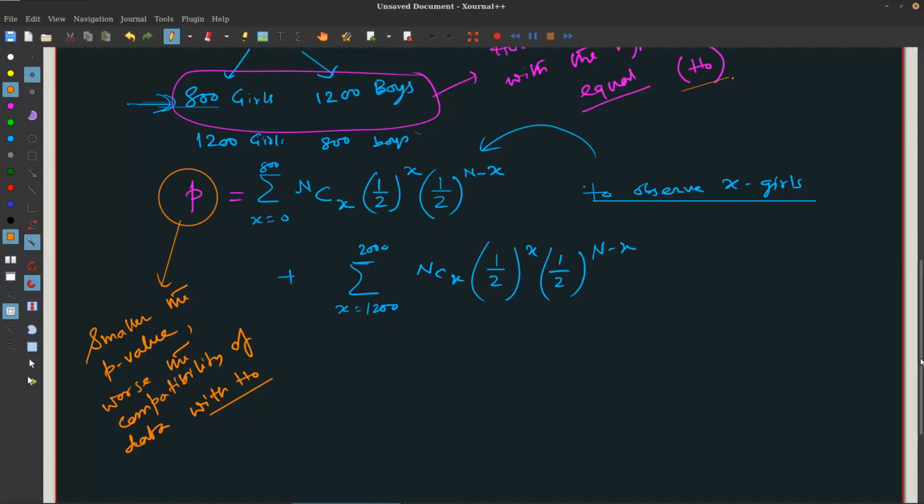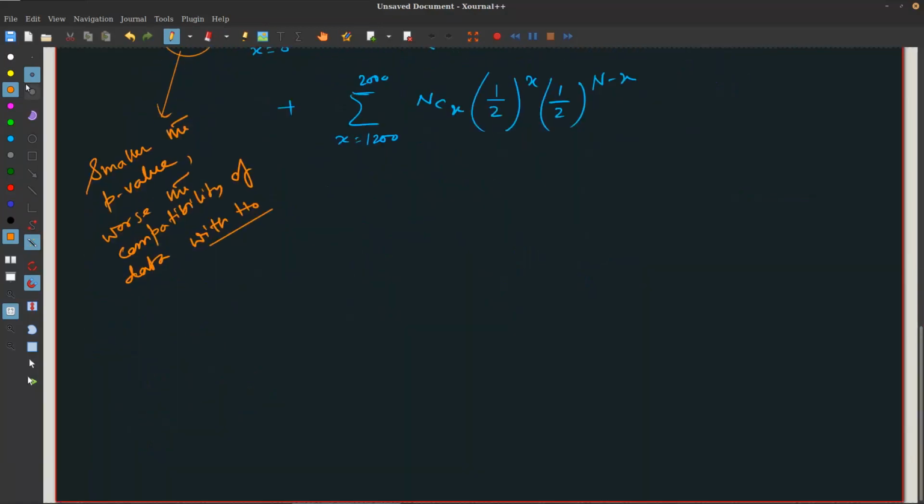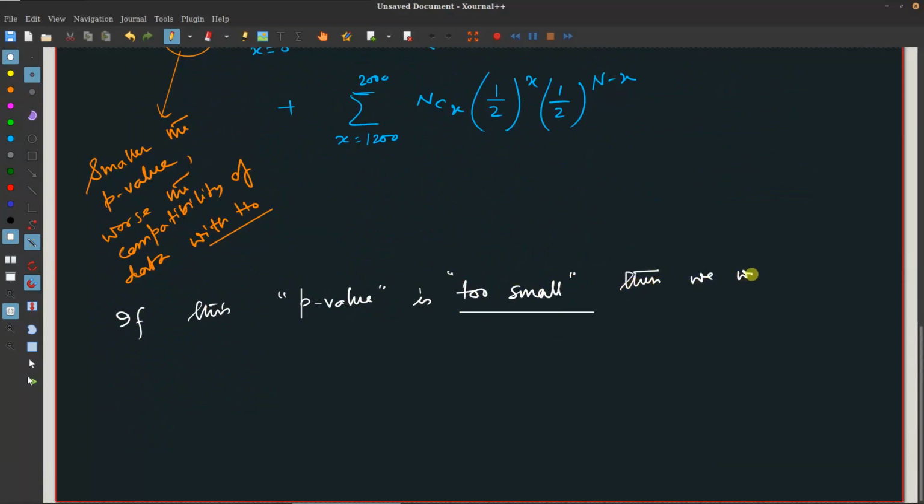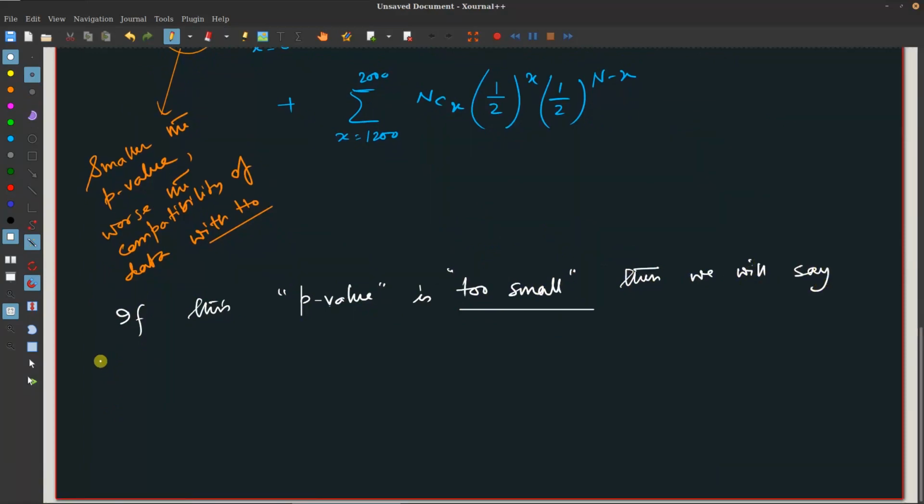So if this p value is too small, and I will quantify what I mean by too small, then we will say that we are observing a new effect.